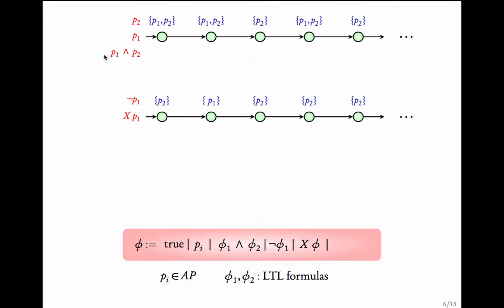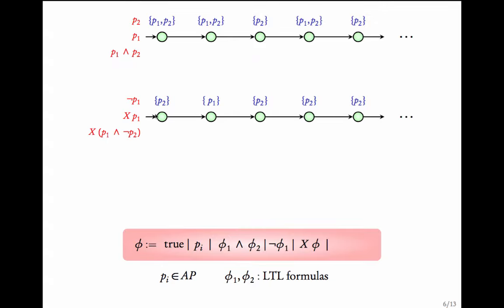Similarly, X of p1 is true here because p1 is present here. However, in this word, X of p2 is not true because p2 is not true here. On the other hand, X of NOT p2 would be true because NOT p2 is true in this position.